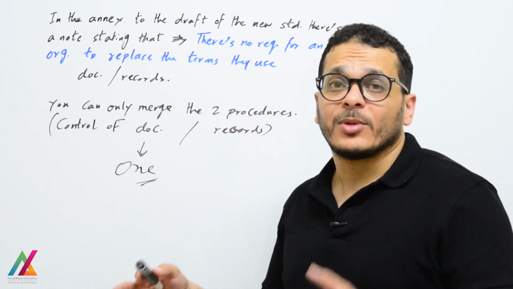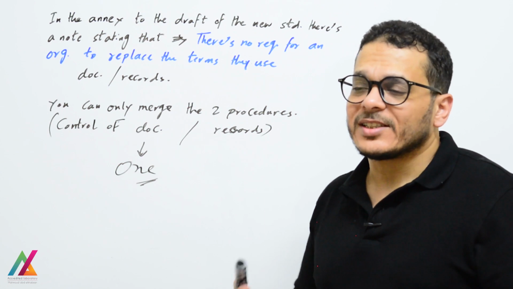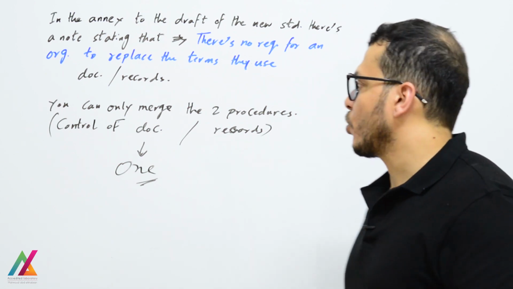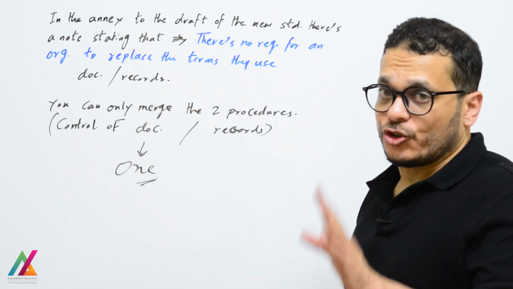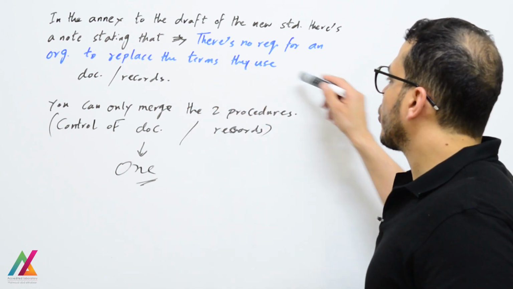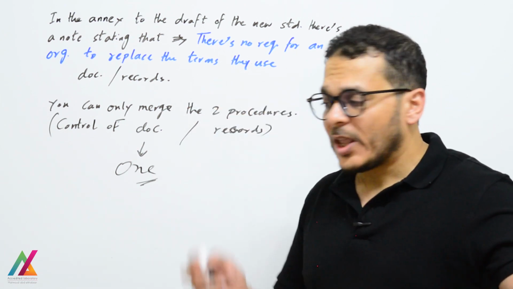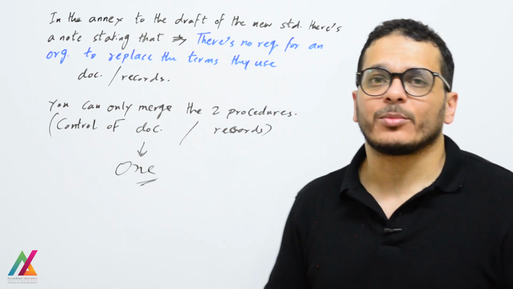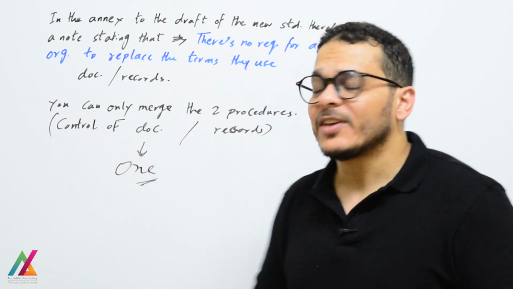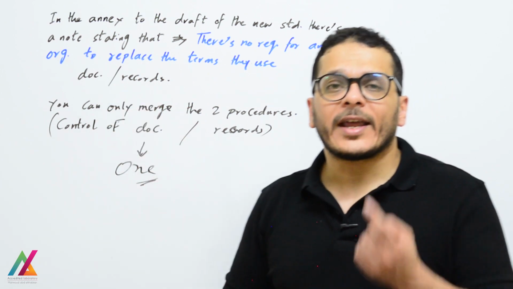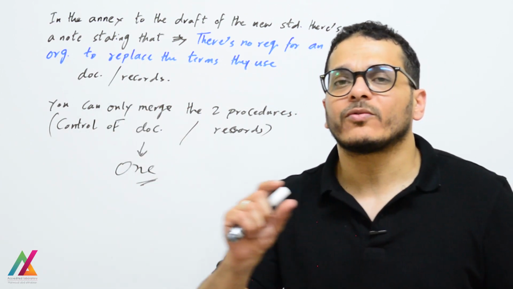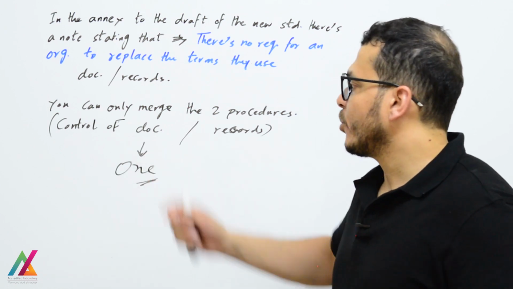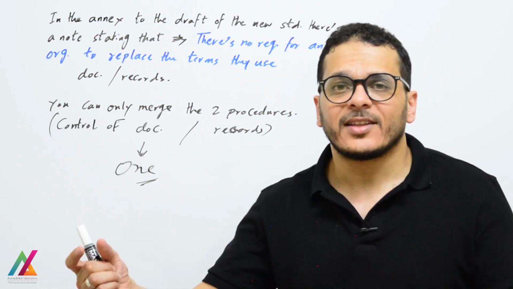They can keep the names documents and records, but it's better to have documented information for all. You can merge the two procedures, control of documents and control of records, into one procedure, and this is really better because in both of them you will have the same control. So you can have only one procedure for control of documented information, not like before, control of documents and records.